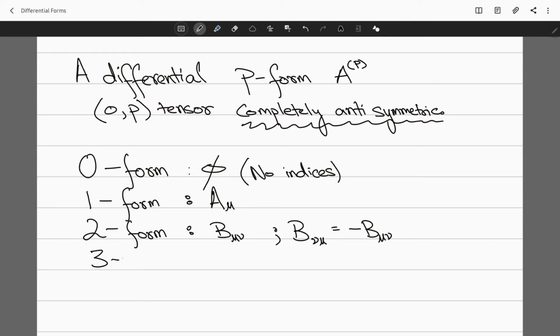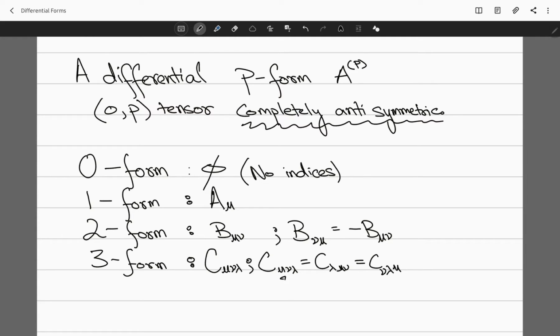Now we could also have a three form, for example, and this is where I would actually stop. That could be C_mu nu lambda, where we again have to preserve the antisymmetric nature, and that would imply that C_mu nu lambda is equal to C_lambda mu nu is equal to C_nu lambda mu.